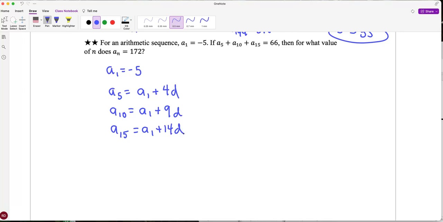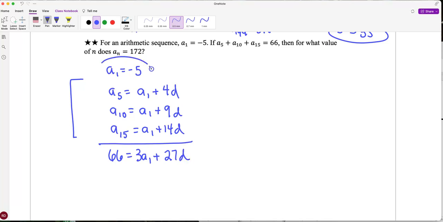Now, what do you know about all three of these guys? I know that they add up to, what, 66? So this is 3A1 plus, what is this, 27D. But I know A1, right? So I can substitute that in.